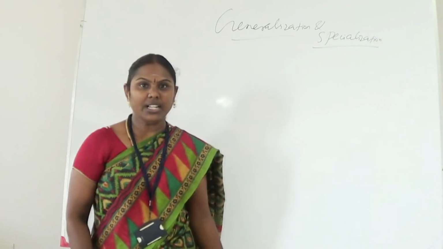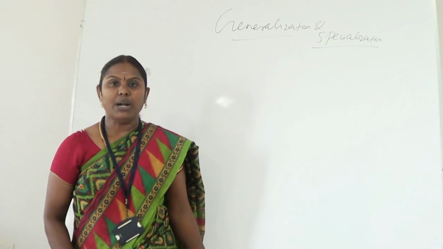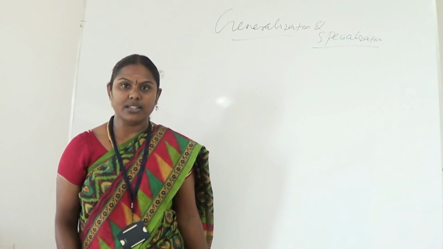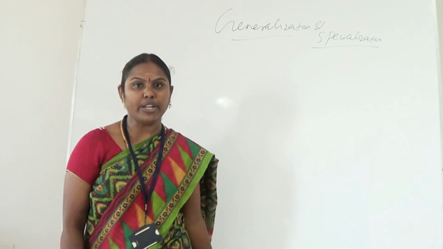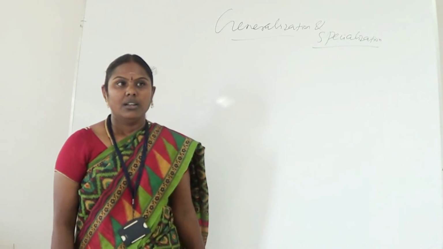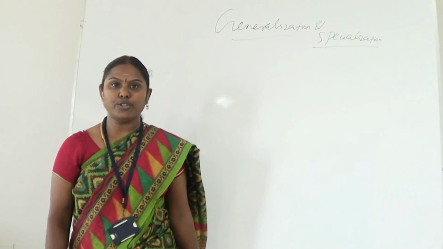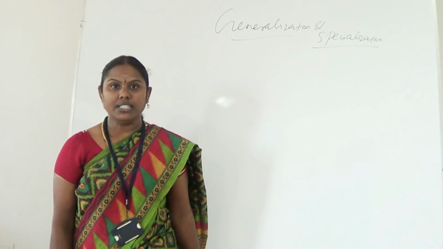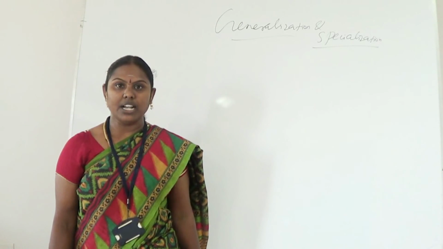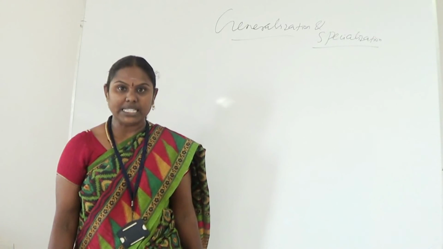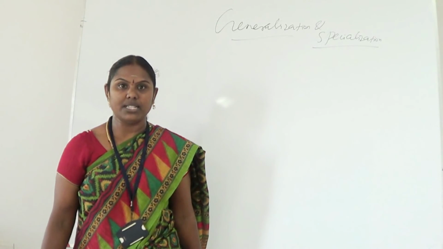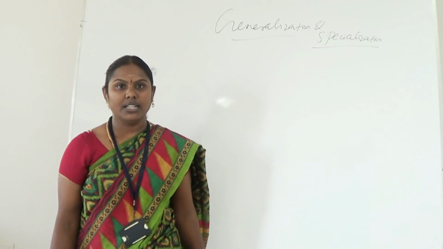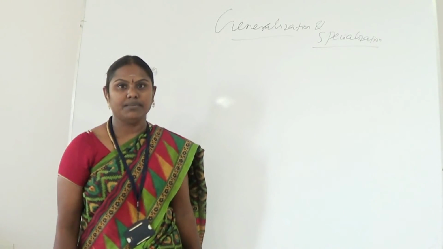That is, several subclasses can be combined to form one generic class or one superclass. So that's the concept of generalization. Specialization is the reverse process of generalization. That is, from one superclass or main class or base class, we derive several subclasses, or we can say different specialized classes. That's the concept of specialization.